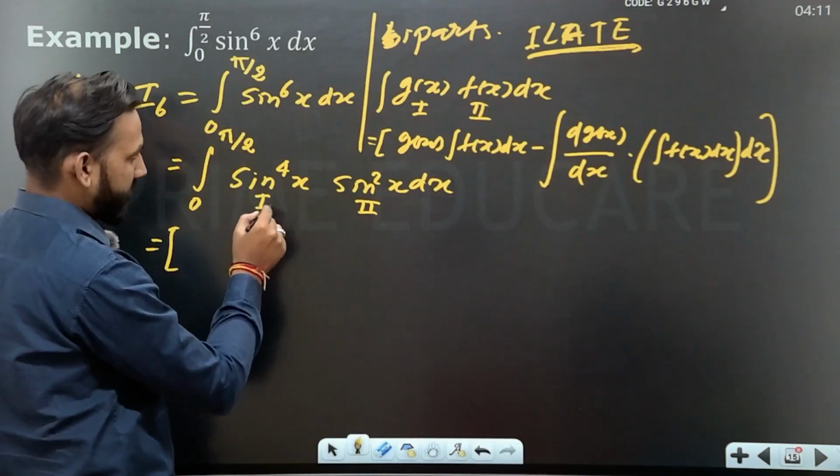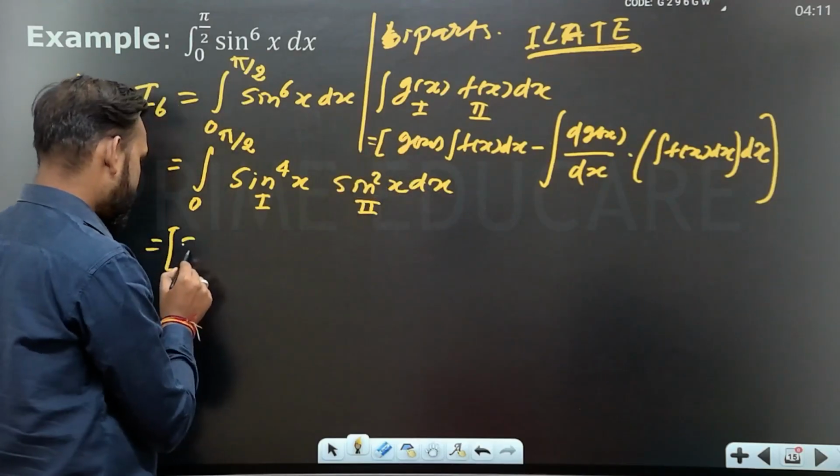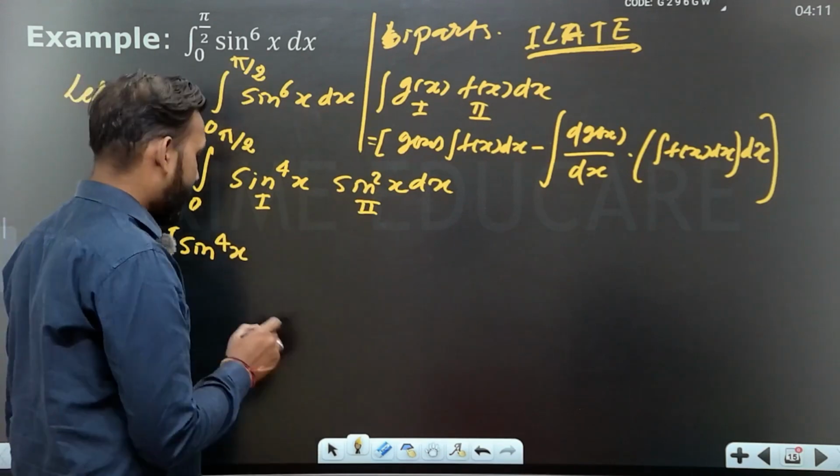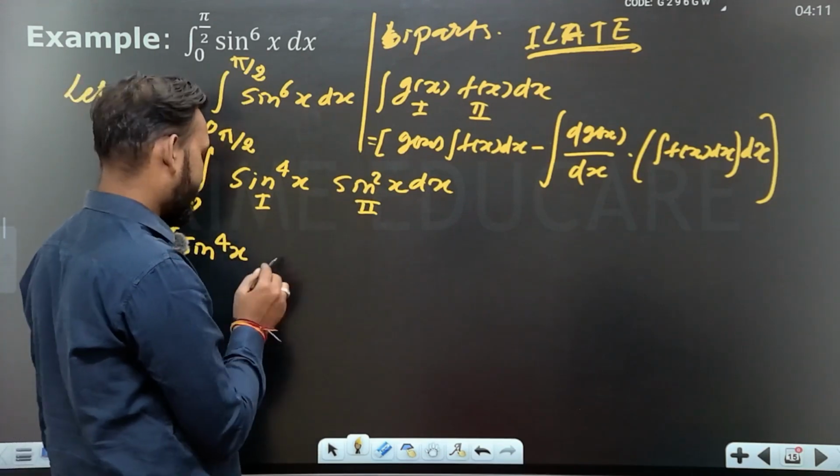This is the first function, and the first function is as it is, sine to the power 4x as it is, then integration of sine squared x.